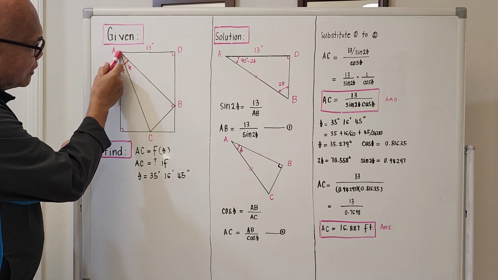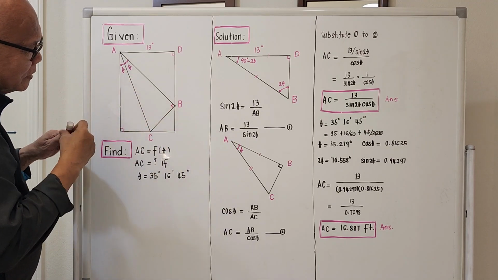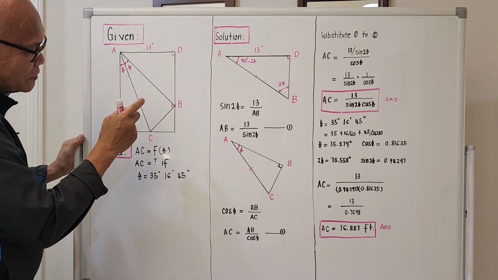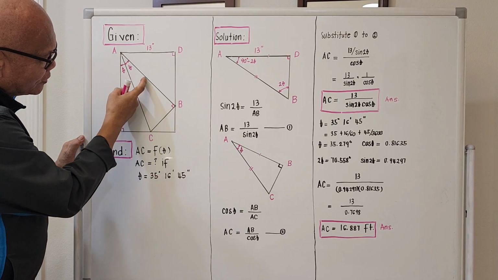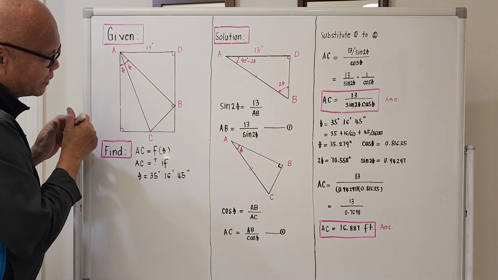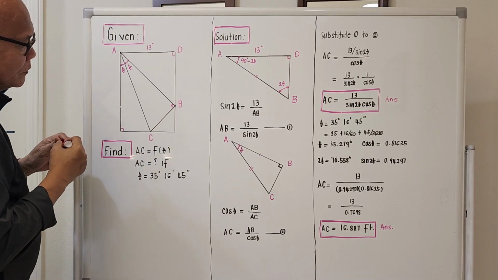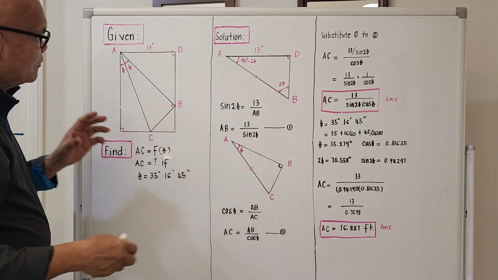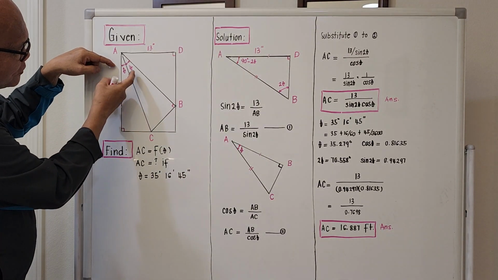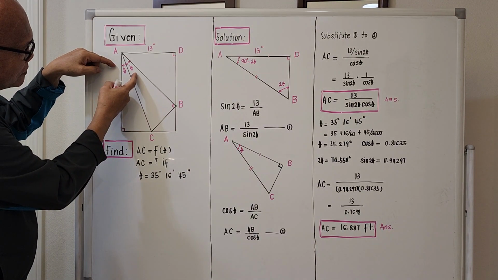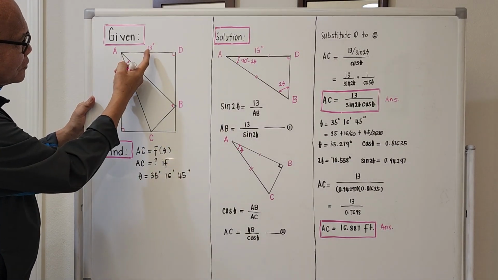The triangle ABC is inscribed in the given rectangle, and the problem says that at this corner, this side is perpendicular to this, meaning this is a 90-degree angle. Also given is that this is angle theta, and this is also angle theta, and the length of AD is 13 inches.